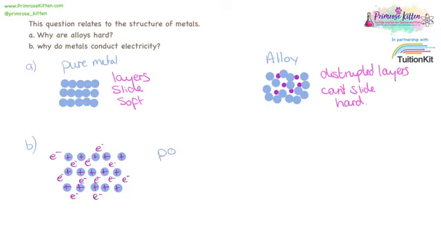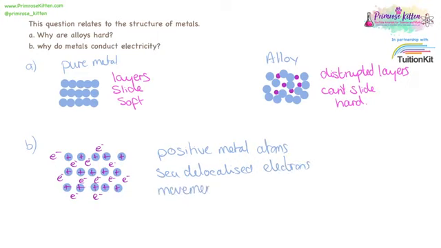So we have positive metal atoms in a sea of delocalized electrons, and movement of electrons is the flow of electricity.